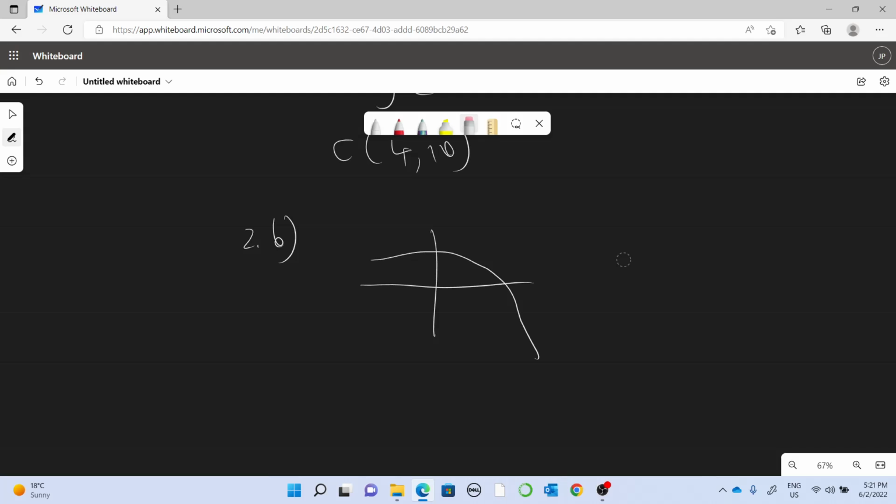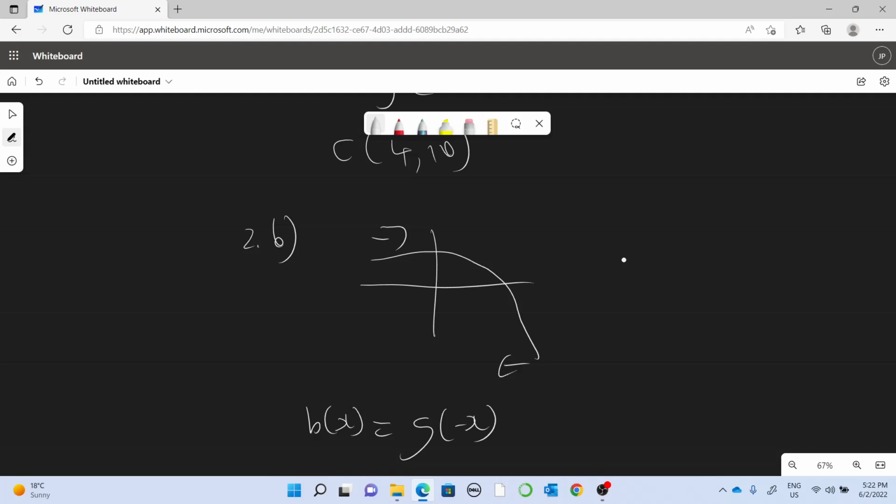They asked, what if I reflect over the y-axis? So if I reflect over the y-axis, then this part will swap to that side and that part will swap to the other side. But then I have to switch signs for the x, okay? So basically that's by saying h(x), which is the graph they're asking for now, is equal to g(-x).